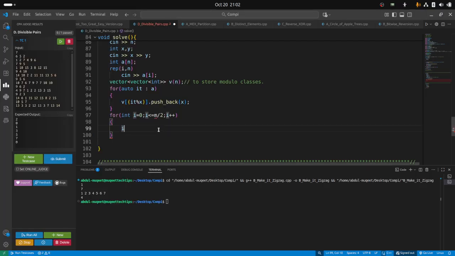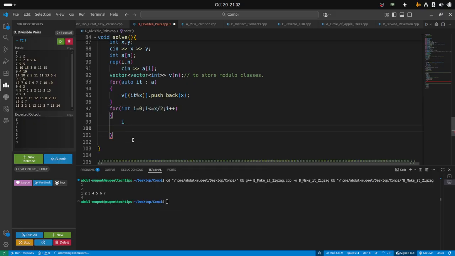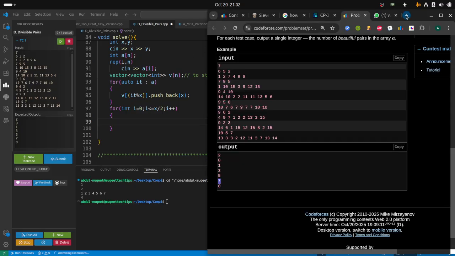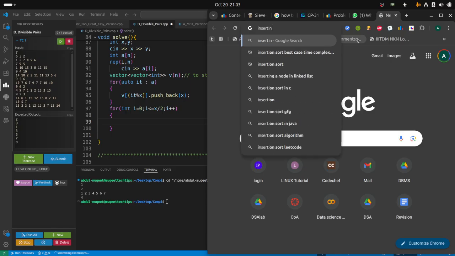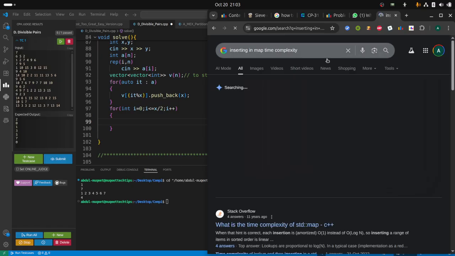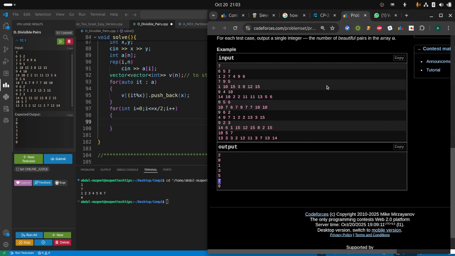Okay. Now, M is nothing but X actually. Now, since I'm doing modulo of the classes, I need to create a new one for each iteration. What is the time complexity of inserting in a map? Log n, that's really good, actually.